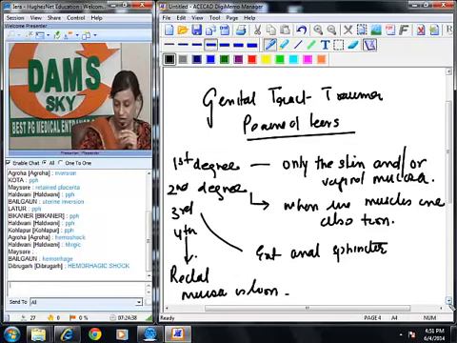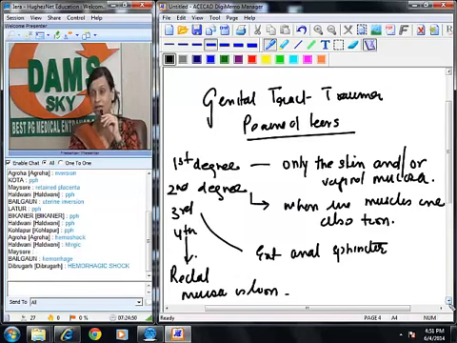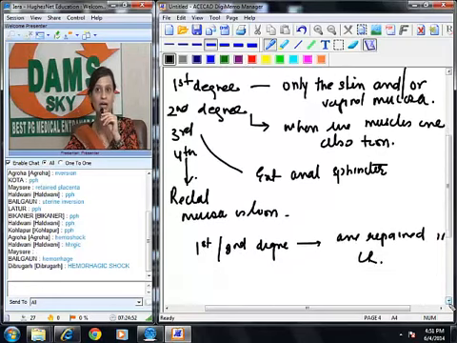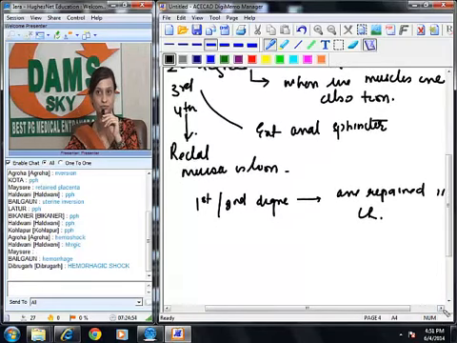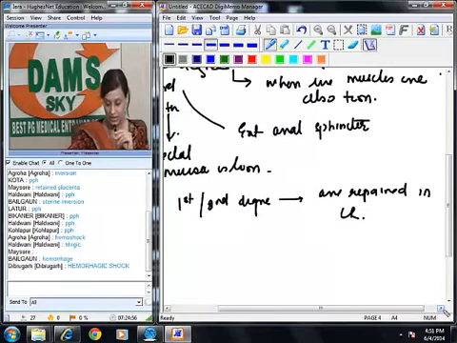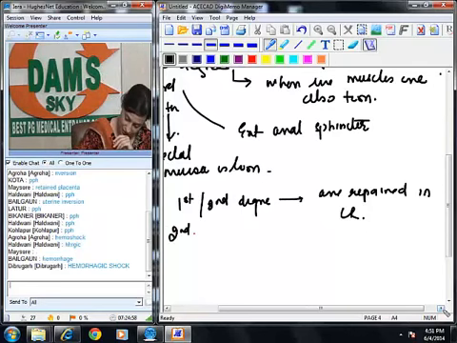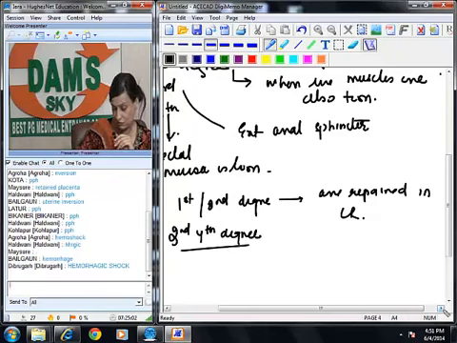Now, first and second degree tears are repaired in the labor room itself. Right? So, the first and the second degree tears are repaired in the labor room. Whereas, when we talk about the third and fourth degree tear, then these are considered as emergencies.